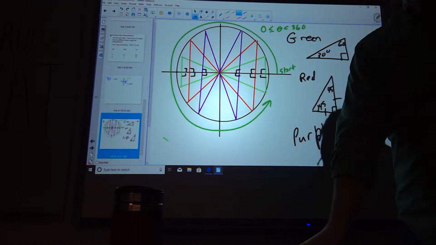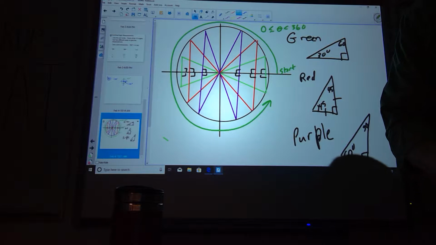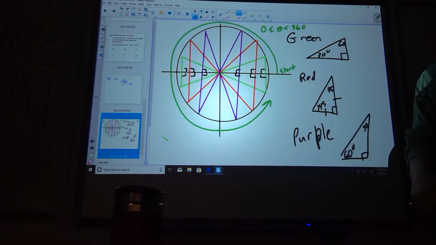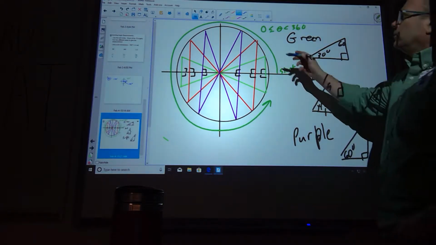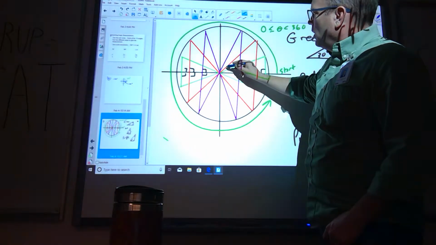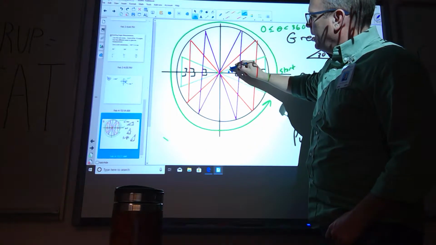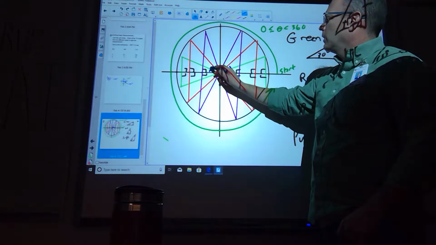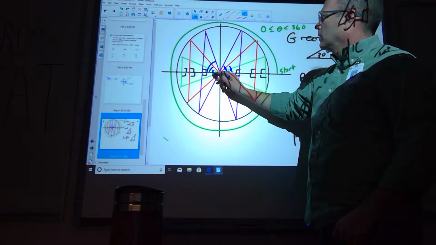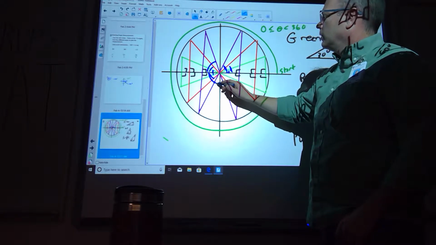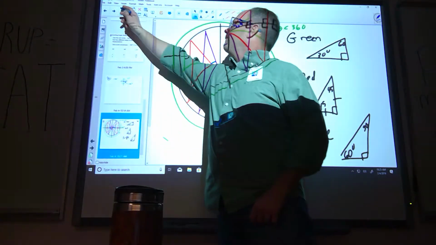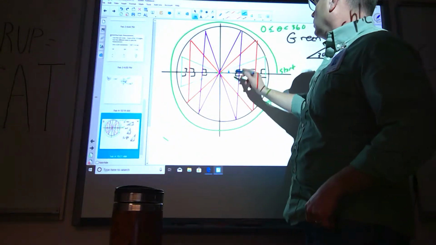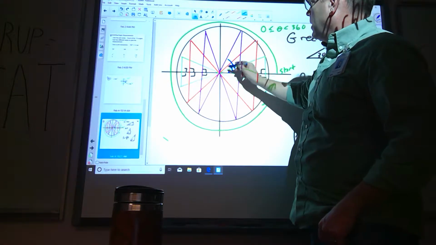Okay? If I go to determine the reference angle for each, the reference angle is what angle is coming off the x-axis. What came off the x-axis?